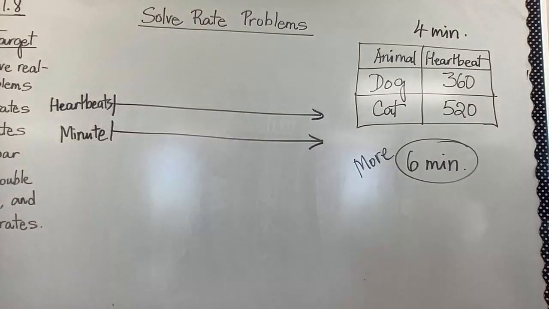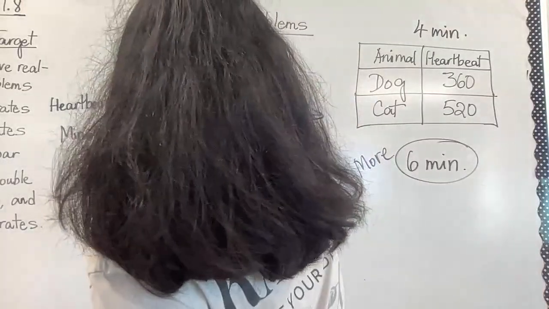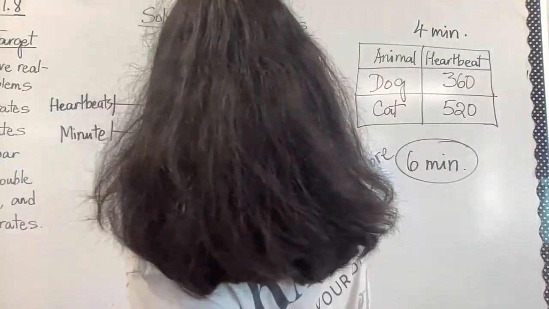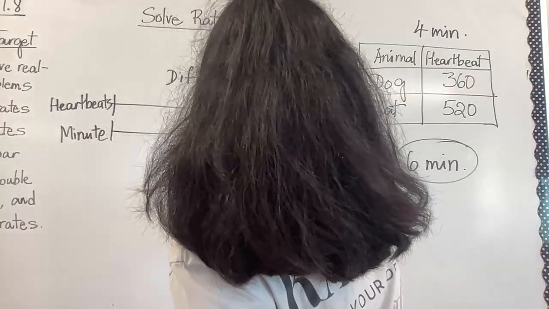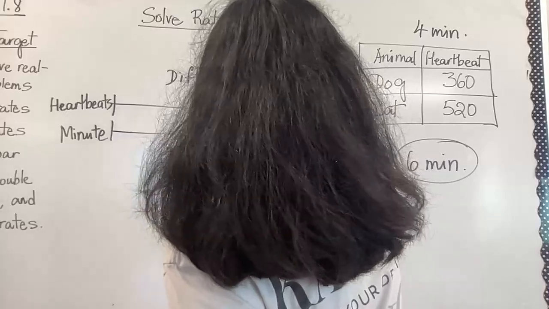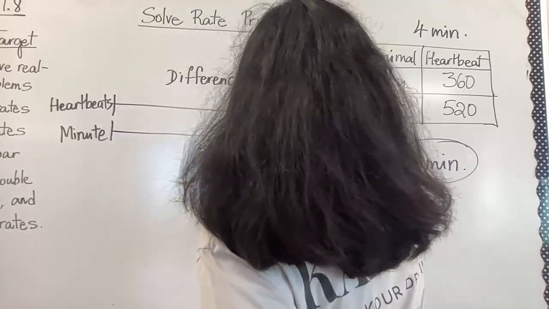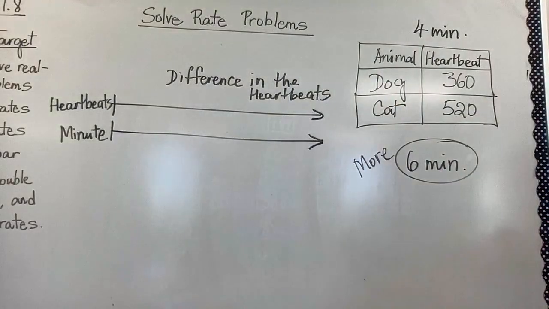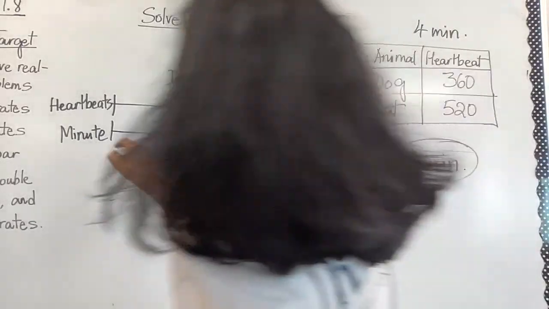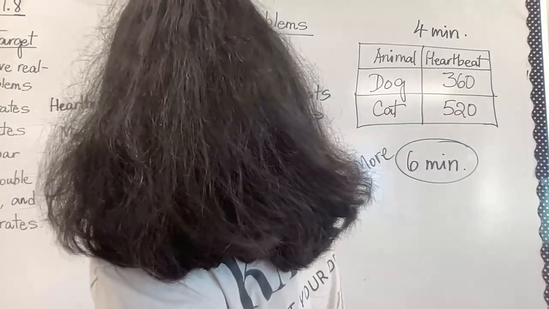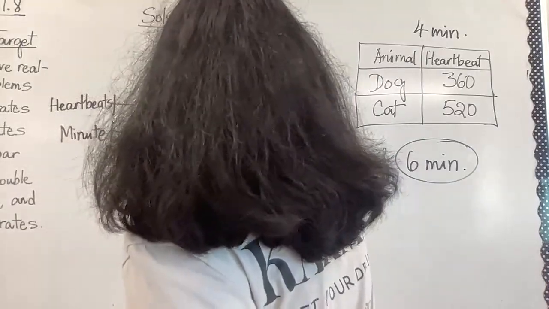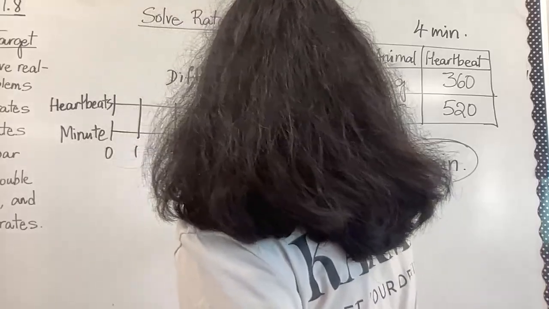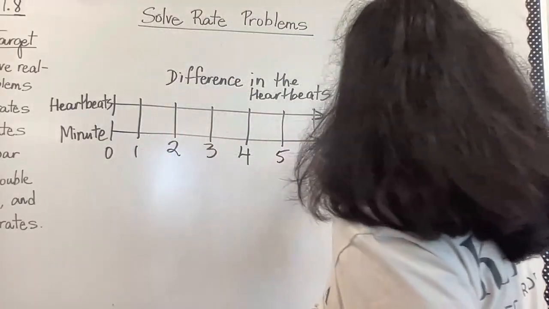Okay, and the difference in the heartbeats, so we have over here, this is 0, 1, 2, 3, 4, 5, and 6.